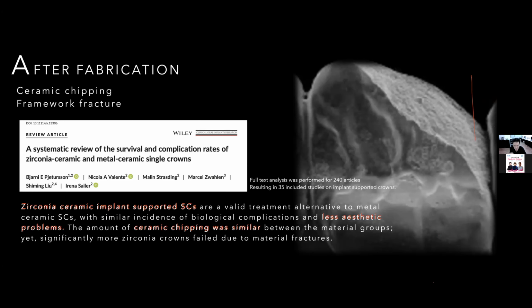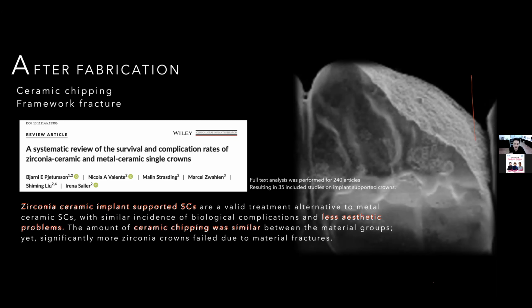But for the implant case, you can see this study. They researched over 2040 articles, and the results included about this study of implant-supported crowns. The final conclusion: the chipping rates are very similar, but zirconia is more friendly and biologically better than the metal ceramic and metal abutment, and also has less aesthetic problems.